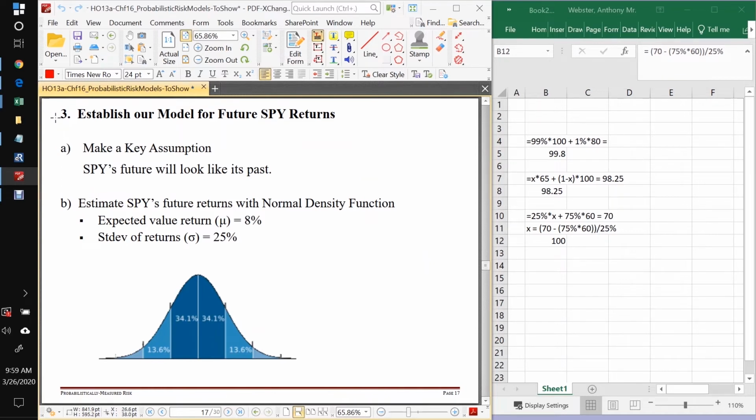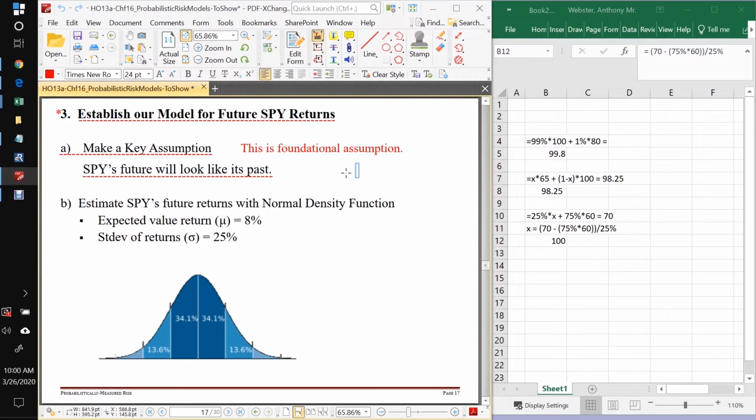So our third step is to say, how can we carry this into the future? We're concerned with making an investment like this today and what's going to happen when we come out on the other side a year from now. So it is very, very important to decide what we're going to do in the future. We have to start with a key foundational assumption, and that is that the future returns for the SPY and the S&P 500 are going to look like their historical returns.